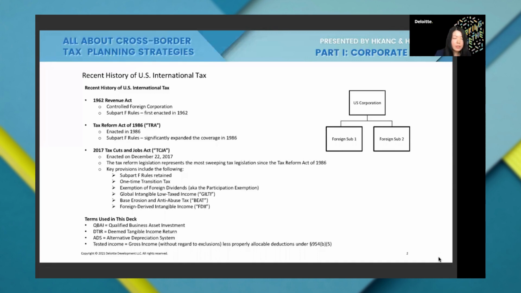The 2017 TCJA changed this. Under the TCJA, all of the untaxed earnings earned by foreign sub 2 from 1986 to 2017 would be taxed by the U.S. as a one-time tax.